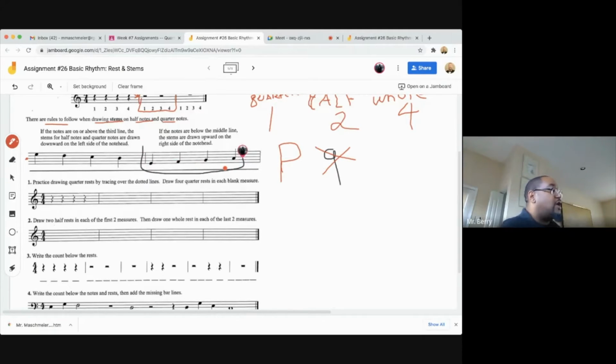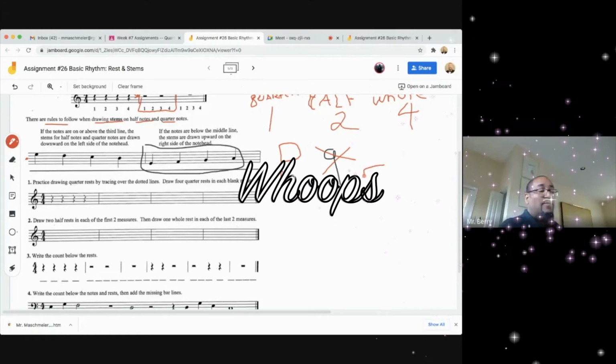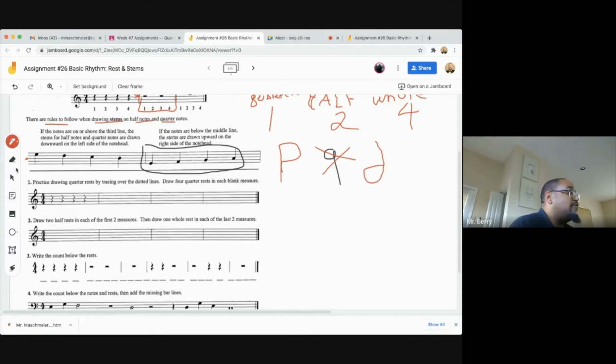We see the note head and we see how the stem is going up the right side in an upward direction, right? What letter of the alphabet do those 4 notes that I just circled resemble?